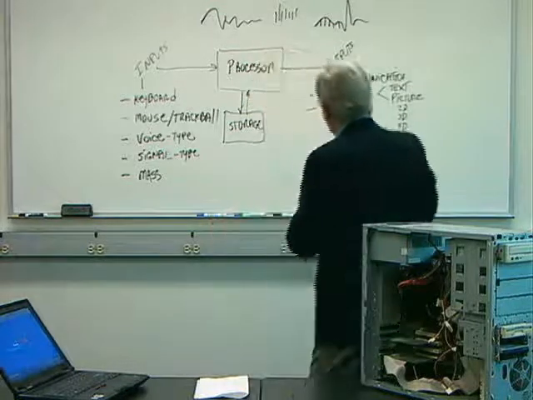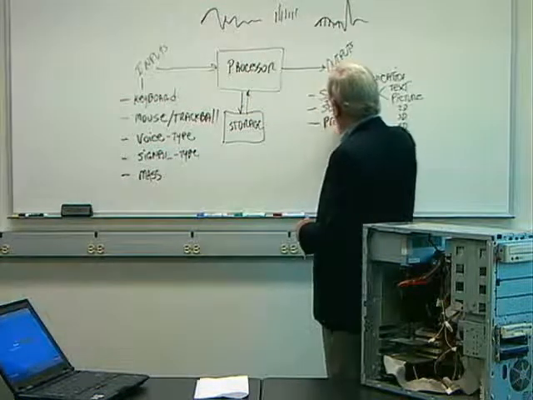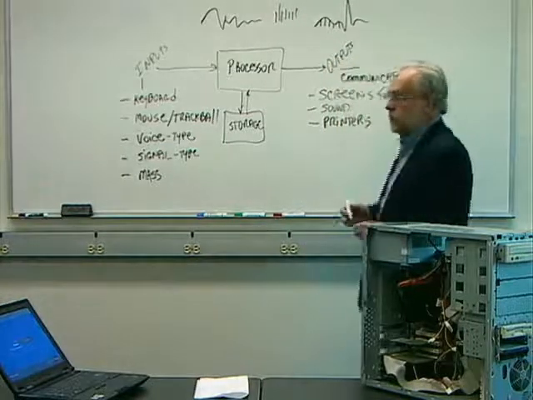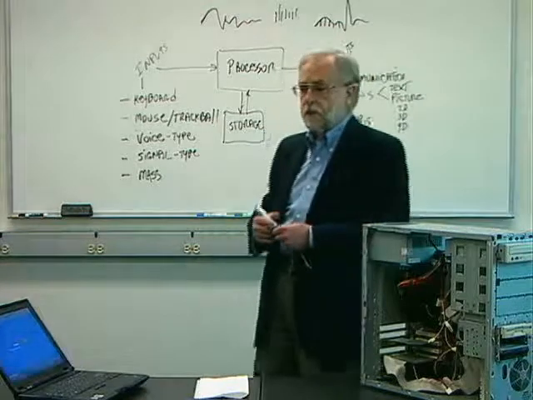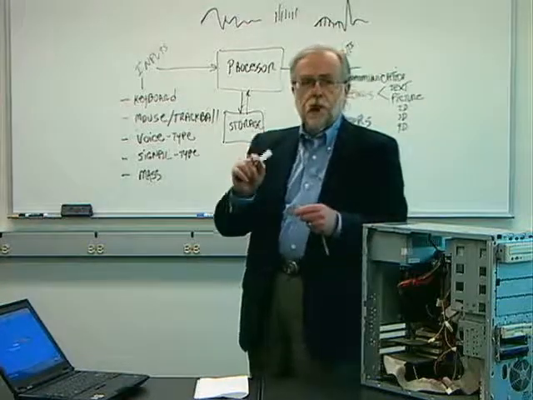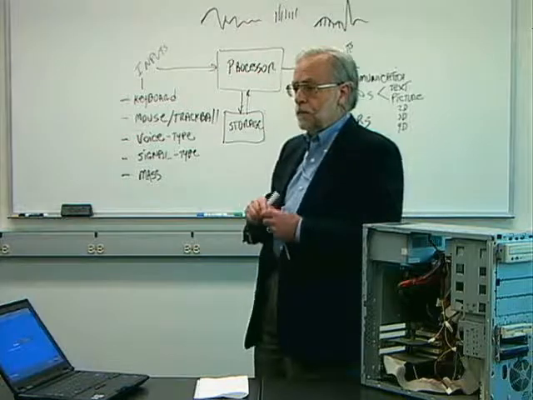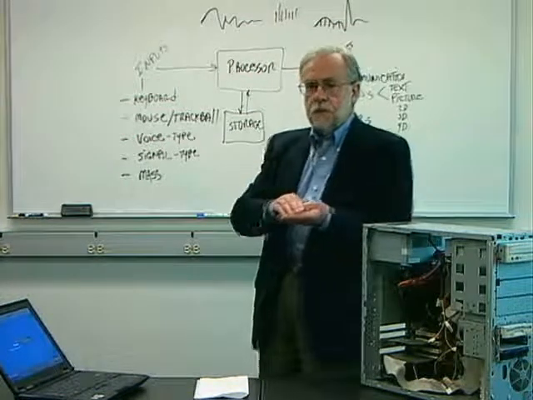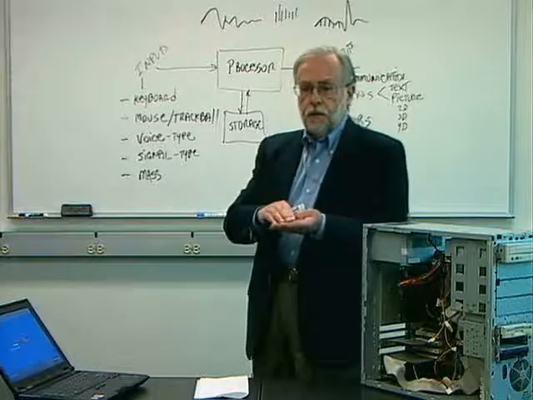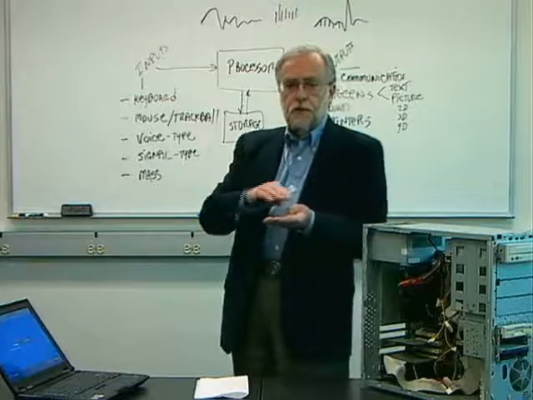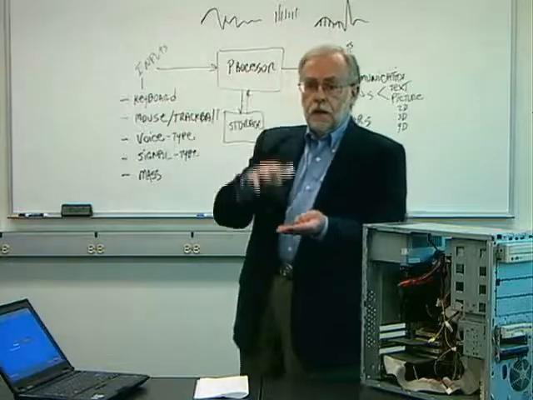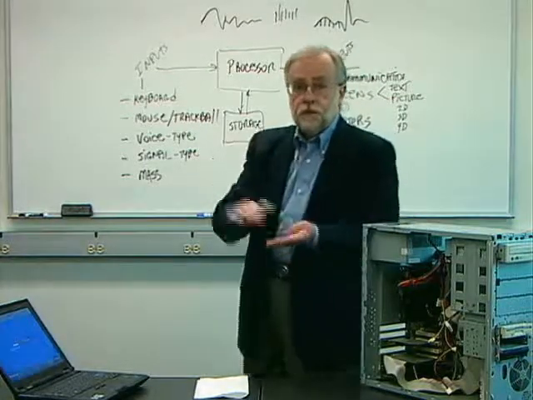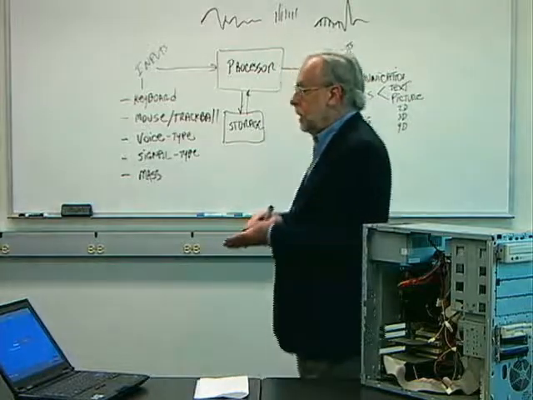I, for example, can have a printer, and there are many, many types of printers. Some are fast, some are slow. Some spray little dots onto the piece of paper. Others put information onto the paper using a process that charges the paper electrostatically and then coats it with very fine carbon particles that are then developed inside the system and stuck to the paper, and that's a laser printer.